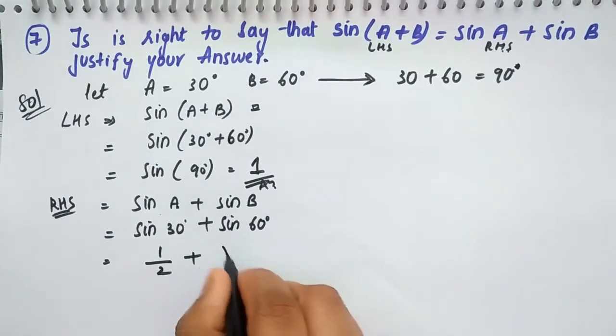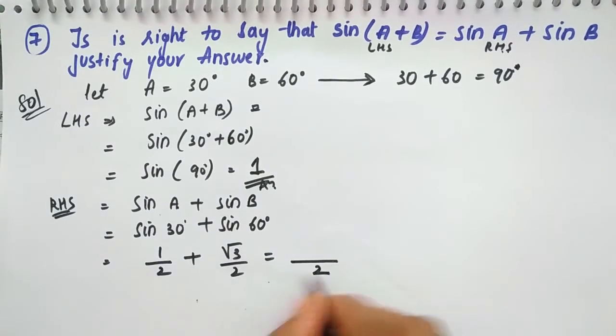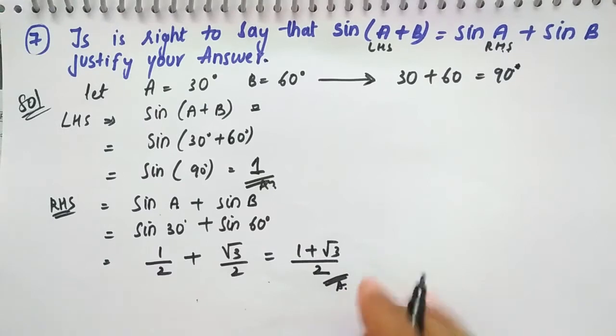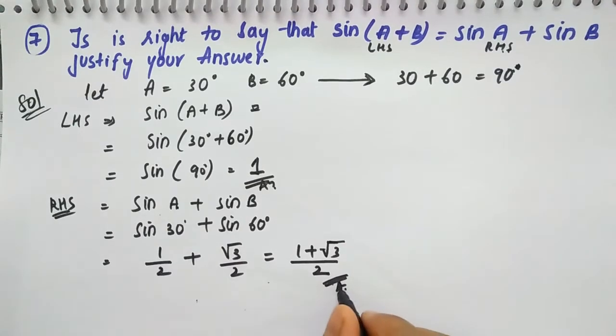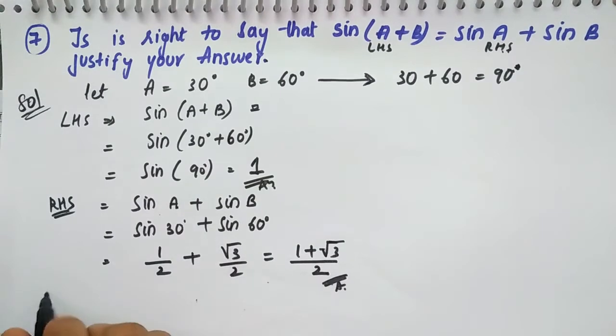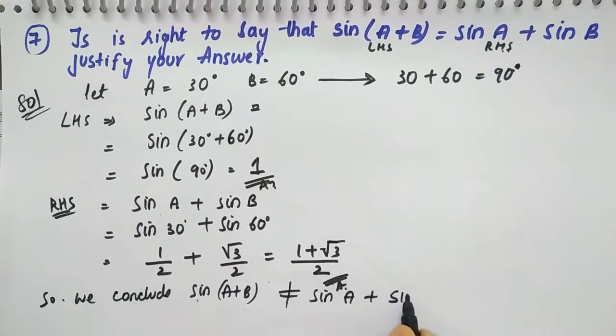Taking the LCM, it is 2, so (1 plus root 3) by 2. Even if you solve this till the end, your answer will not equal 1. So LHS is not equal to RHS. We conclude that sine (A plus B) is not equal to sine A plus sine B.